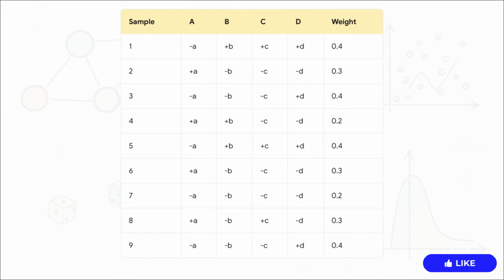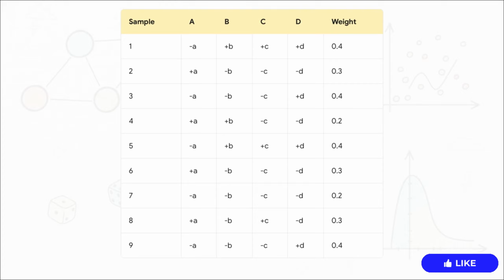So let's do our last problem over again, P of minus B given minus D, but this time with weights. The steps are the same. First, find the evidence where D is minus D. But instead of counting them, we add up their weights. So that's 0.3 plus 0.2 plus 0.3 plus 0.2 plus 0.3, which gives us a total weight of 1.3. That's our new denominator.